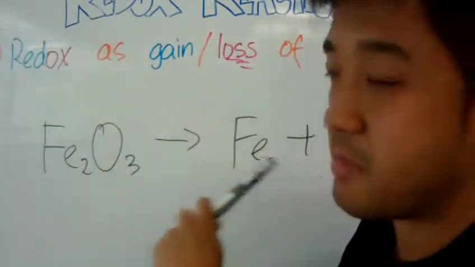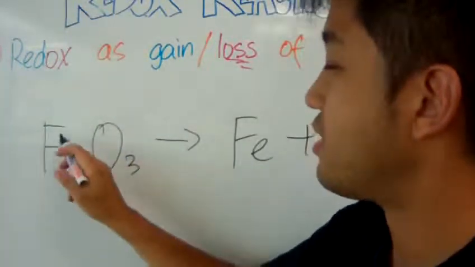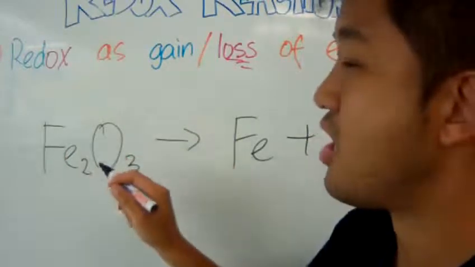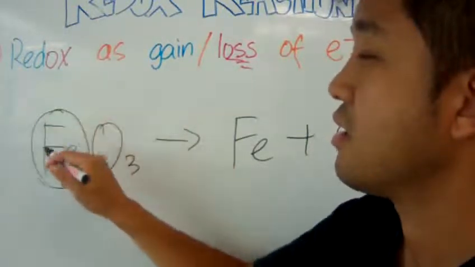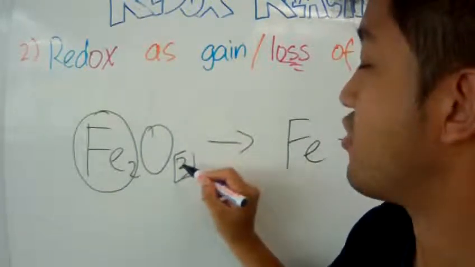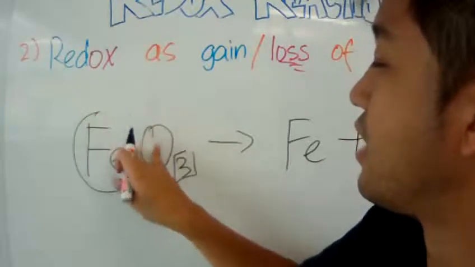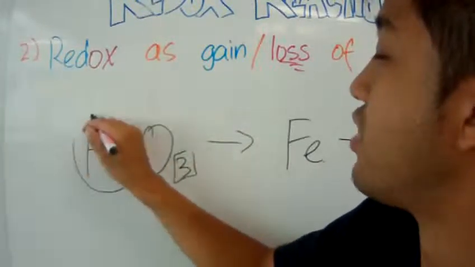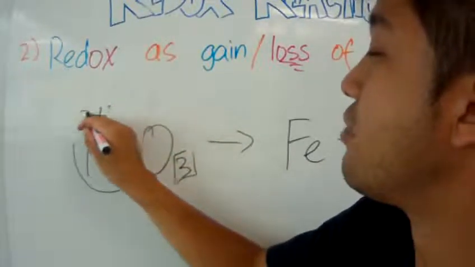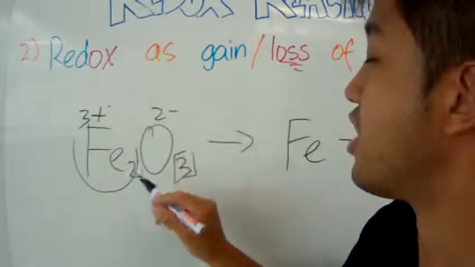I'm not even going to balance it because it's not important. So right here, we first need to figure out the charge of this iron, and it happens to be a charge of 3 from the tips I've talked to you about in class. So we know that the iron has a 3+ charge, and oxide here has a -2 charge.